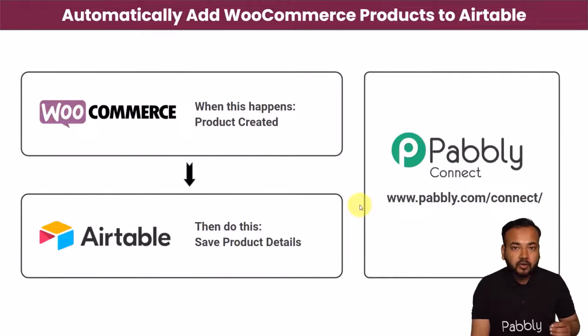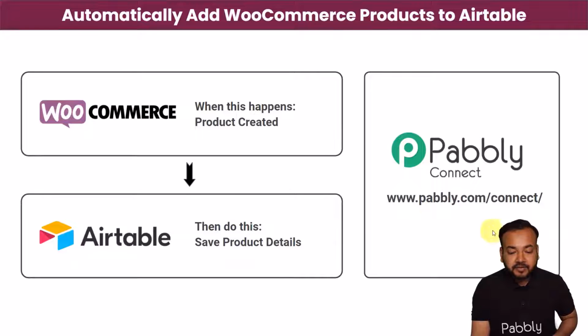So this is how the flow of this automation is going to look like. As in, when you create any product and publish it on your WooCommerce store, the details of the same product will be added automatically on a spreadsheet that you have created on Airtable. This will help you in saving your time in manually copy pasting the data of your products from WooCommerce, and you can manage your product data effectively.